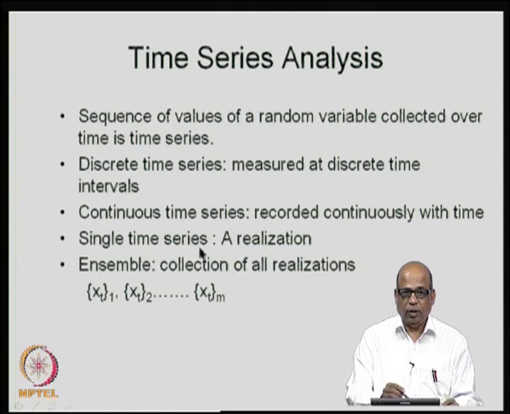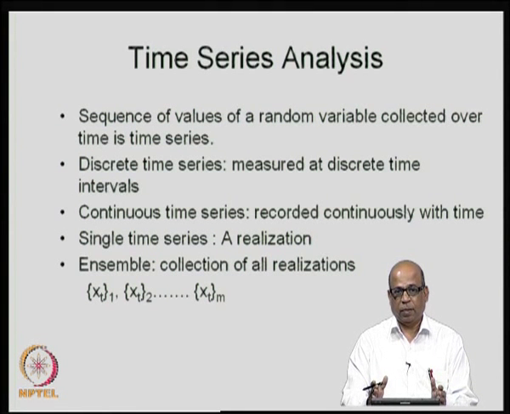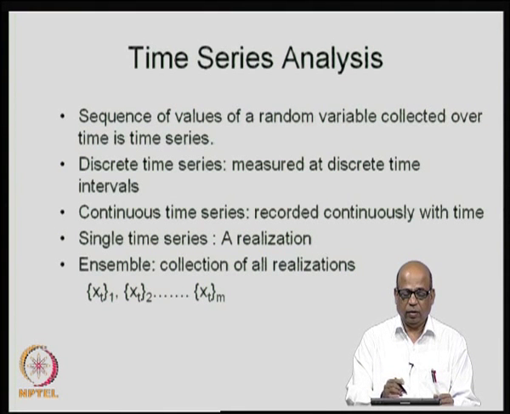A single time series that you have observed is called a realization. For example, we may have flows between 1900 to 1950. This is one time series. A single time series is a realization. You may have several such realizations. For example, you may have flows between 1950 to 1975, then 1900 to 1925, 1930 to 1950.